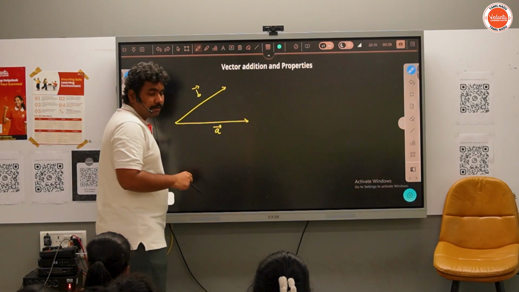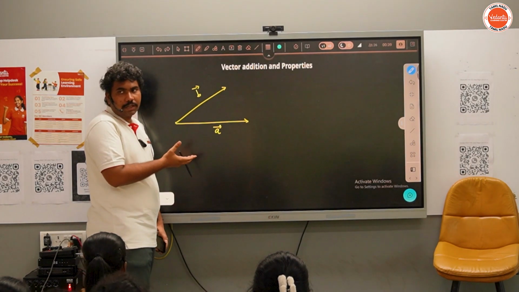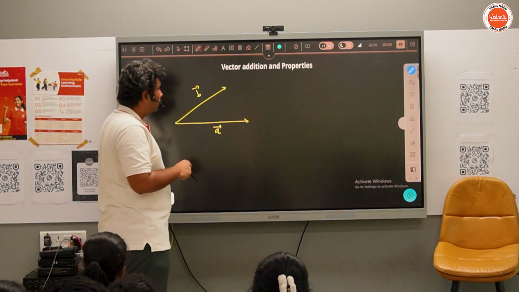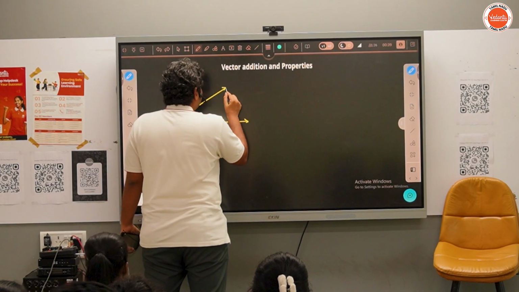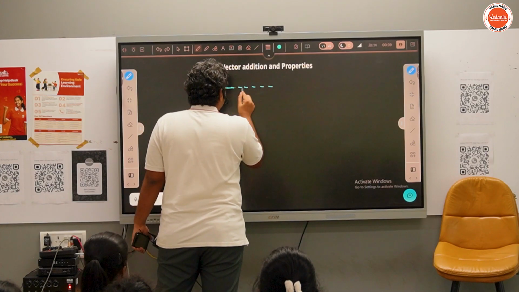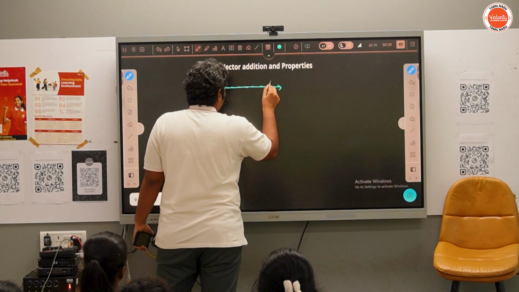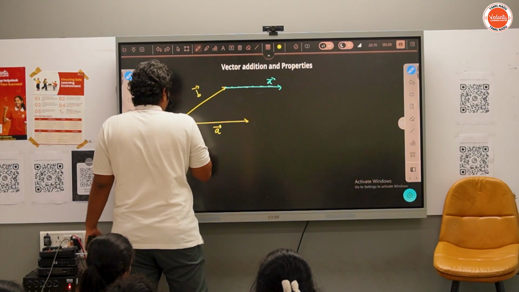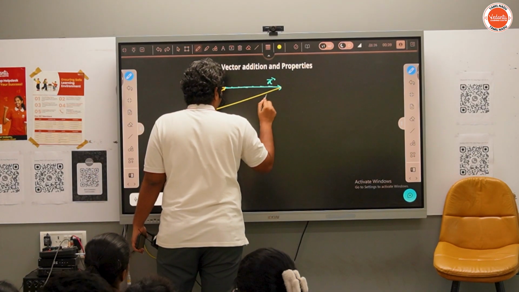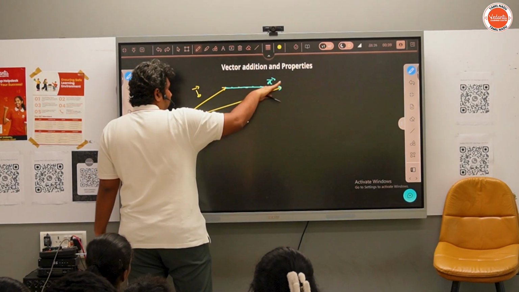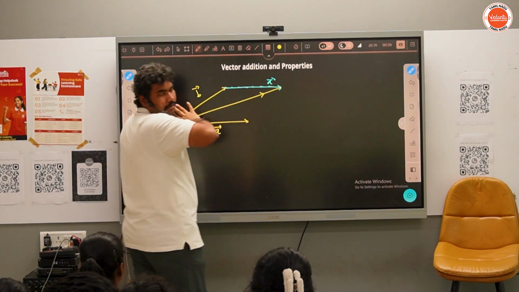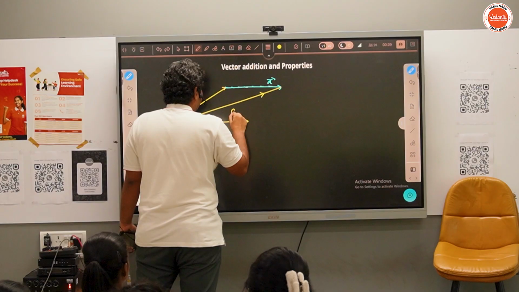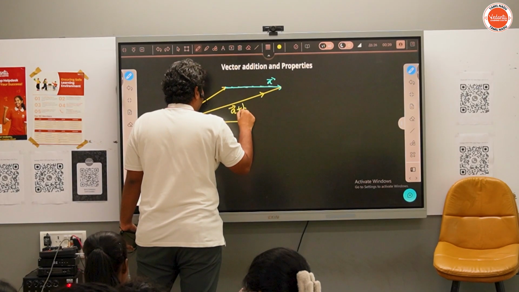Since it is a free vector, in the sense we can move it anywhere, you consider this as A vector, so we are just going to move it, and A vector plus B vector is going to be represented as the diagonal being formed by the parallelogram. So we have A vector plus B vector.